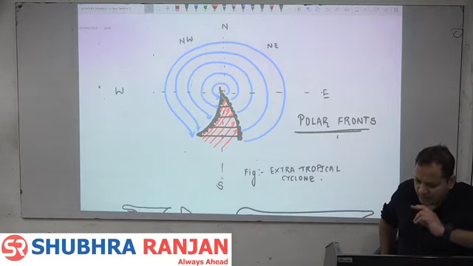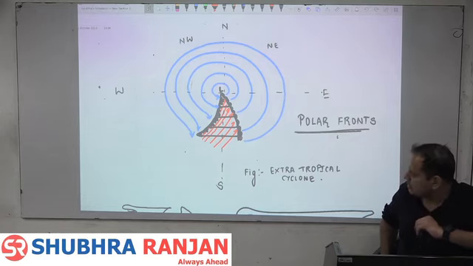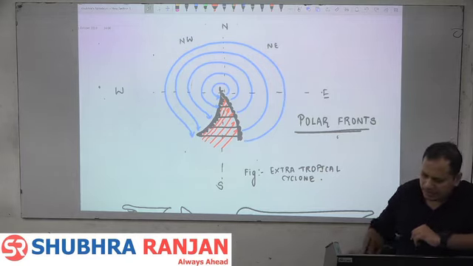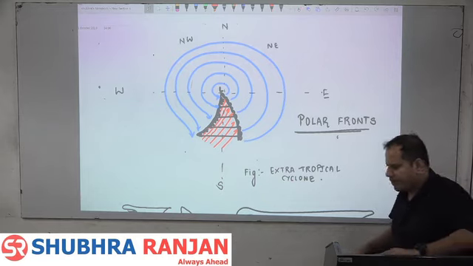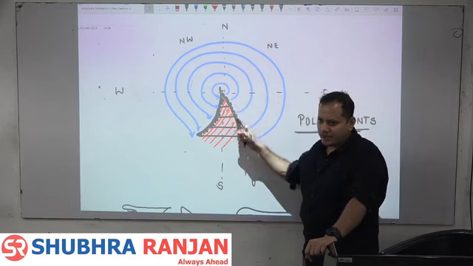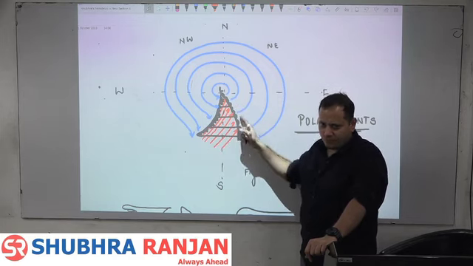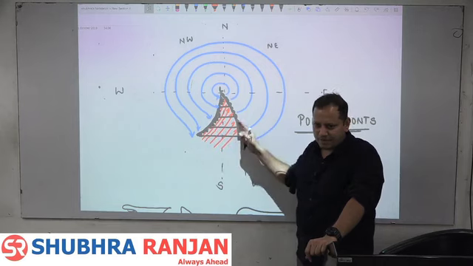In the temperate cyclone, the isobars are not closed. But they take the shape of V. You see?